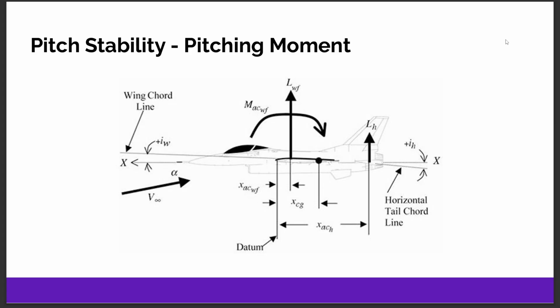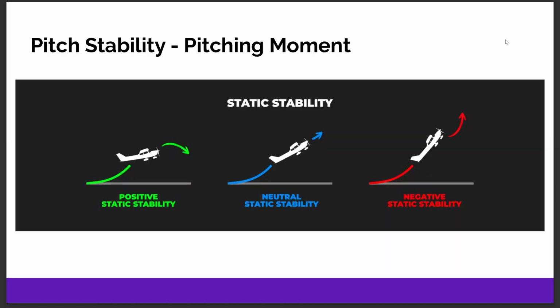Longitudinal static stability is all about the pitching moment and the general equilibrium created by the interactions of the thrust and aerodynamic forces. So static stability can be positive, neutral, or negative, and that is positive when the aircraft returns to its steady state, neutral when it doesn't do anything, and negative when it diverges from it.